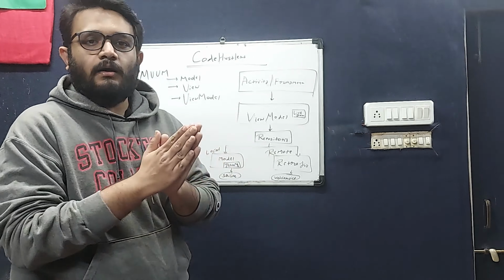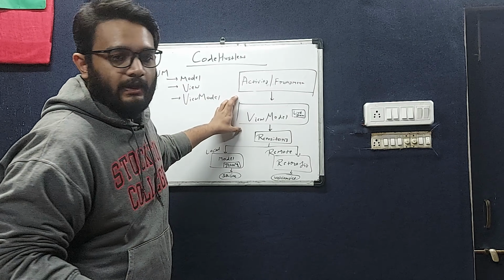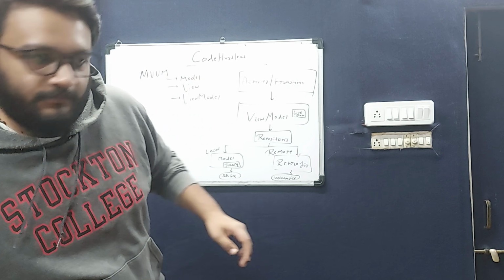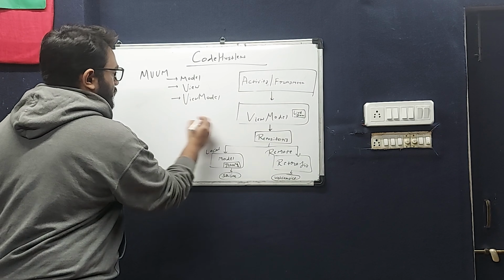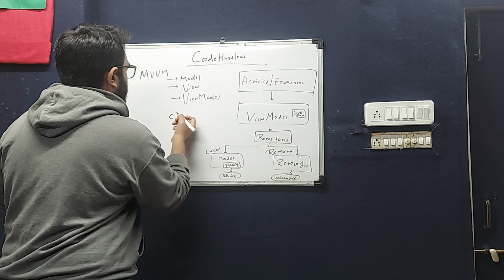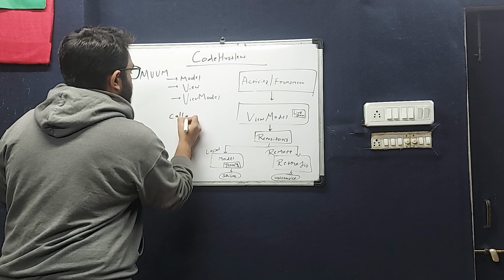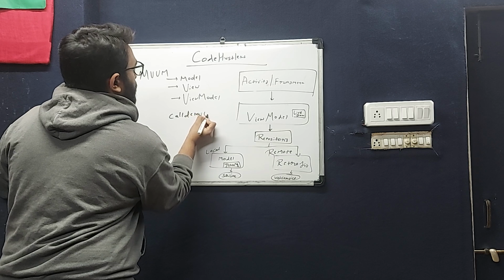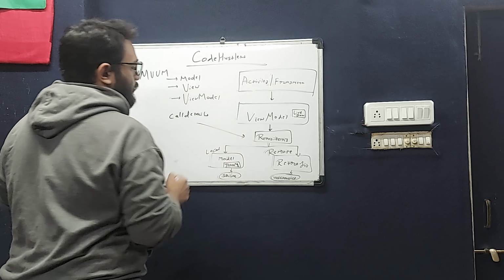Suppose in the ViewModel we are calling some API, like call details. Then we'll call this API, and it will go to the repository.